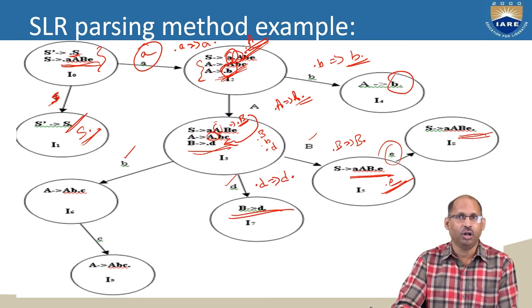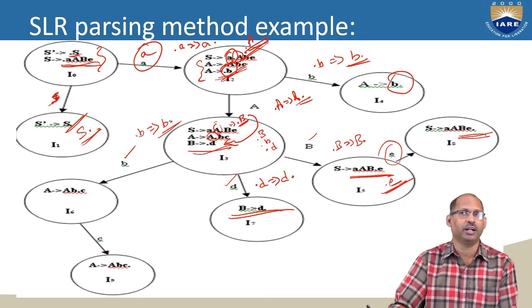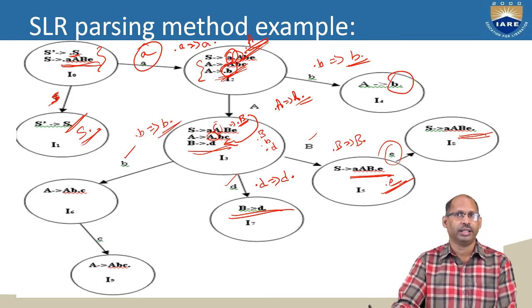Then, dot B. Since there is a go-to operation on B, dot B will become B dot. Is it clear?